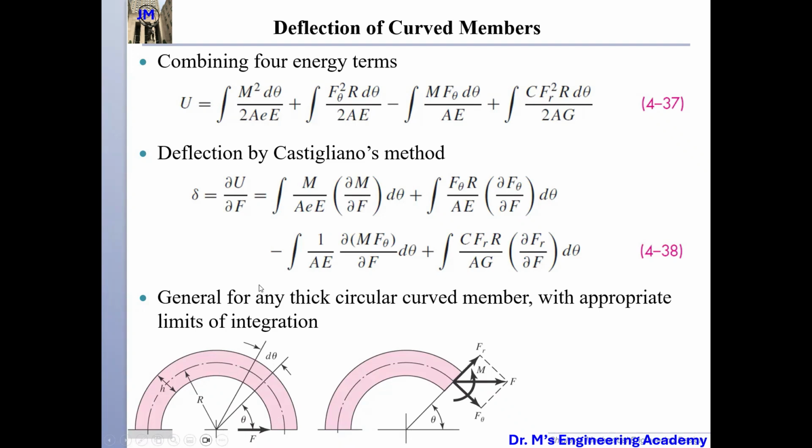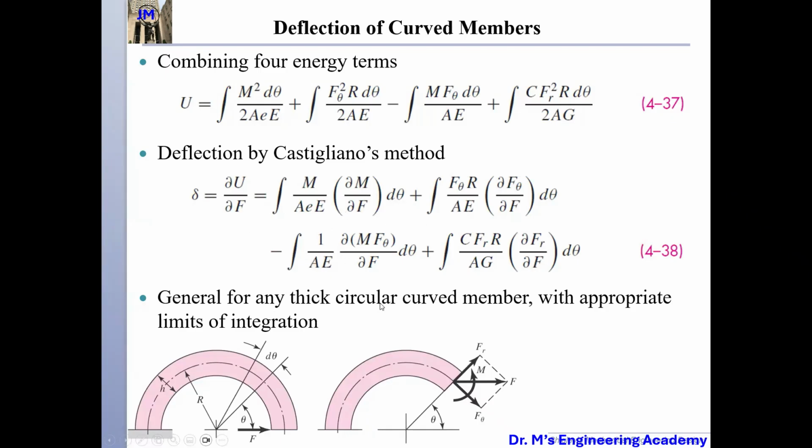For the whole beam, and then we can use the Castigliano theorem. So this Castigliano theorem is a derivative of U with respect to F. The derivative of the whole strain energy with respect to the corresponding F equals the displacement of this corresponding F at this given point.